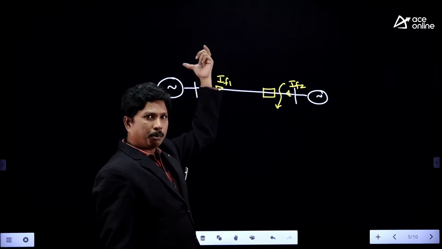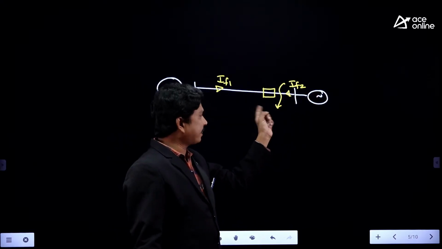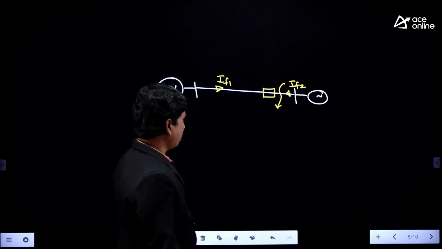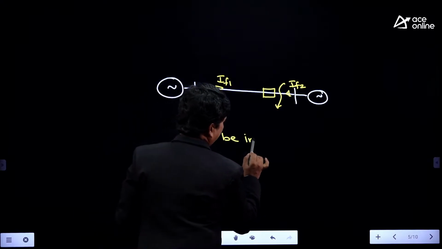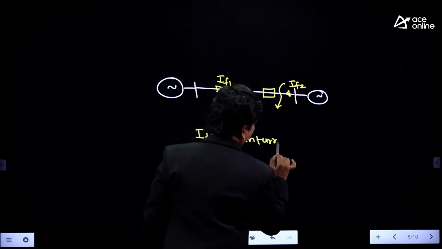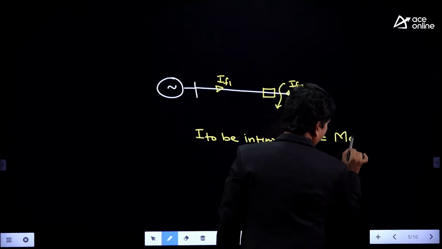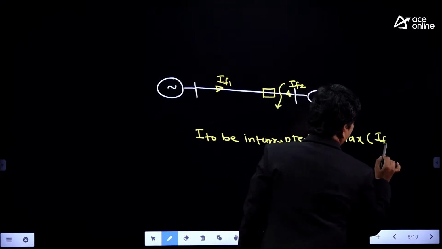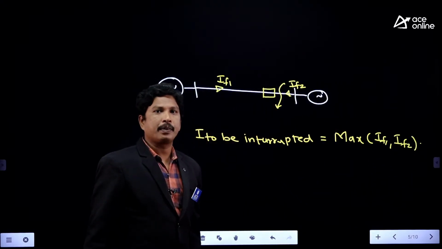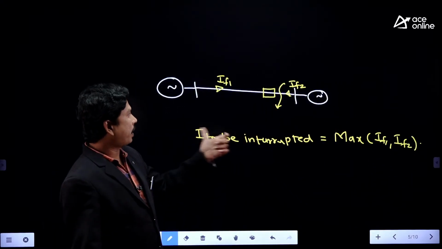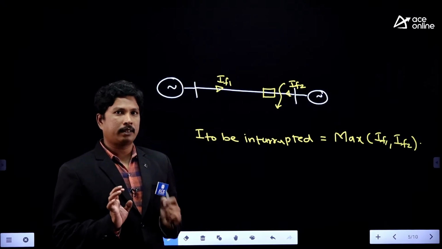Suppose if IF1 is more, the circuit breaker has to operate for that one. If IF2 is more, the circuit breaker has to operate for that one. Therefore, here the I to be interrupted should be the maximum of IF1, IF2, whereas in the previous case both are the same. For the maximum current, we have to choose the circuit breaker rating.